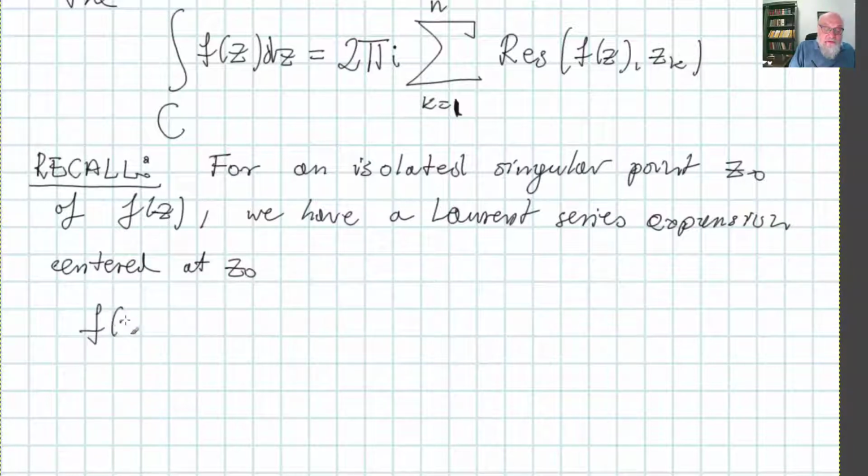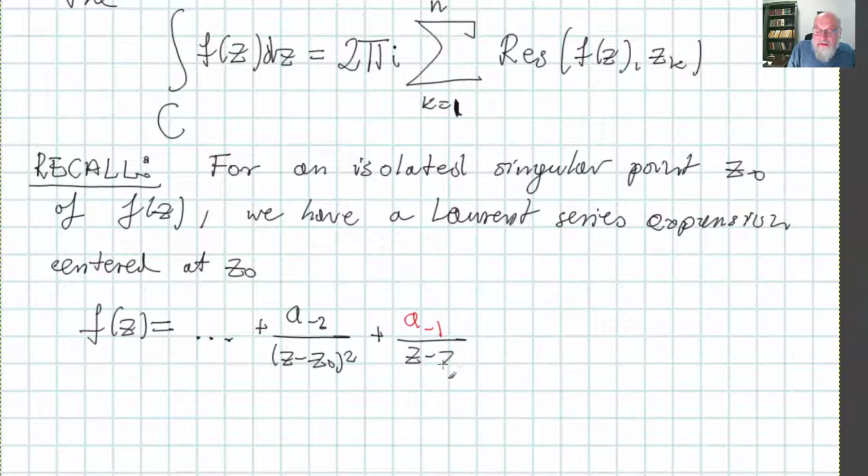So let me write it down. That means your function can be written as dots, plus, let's say, a_{-2} over (z minus z0) squared, there are many other powers possible, plus, and now I change the color because that's our residue, a_{-1} over z minus z0. I'm not hiding it, that's exactly the residue.